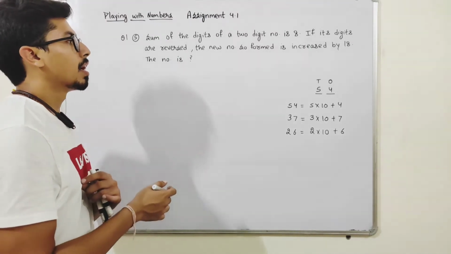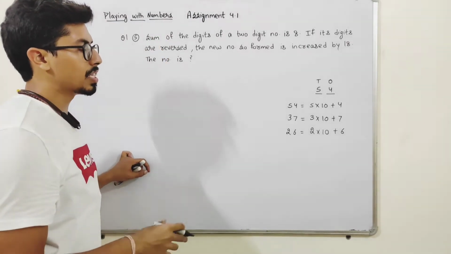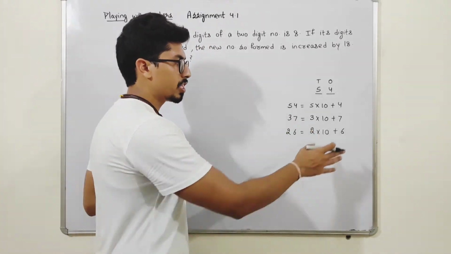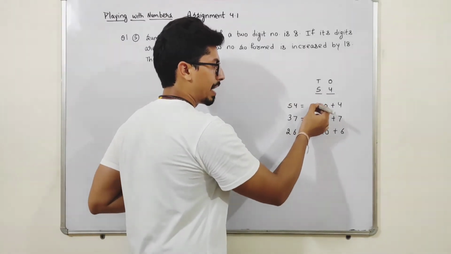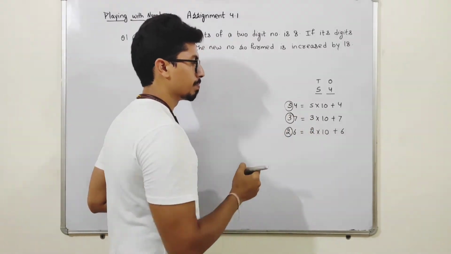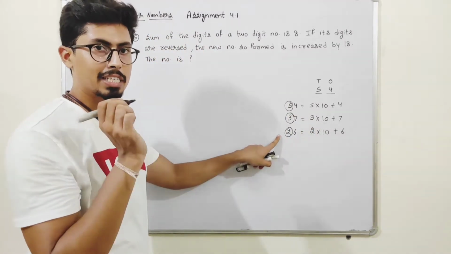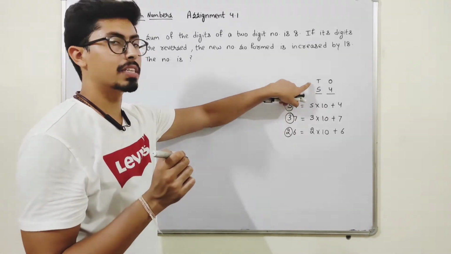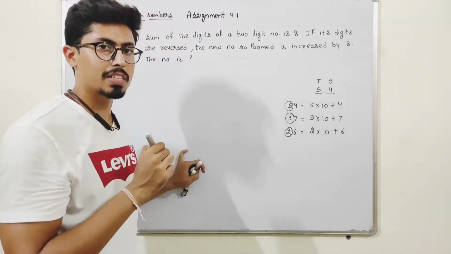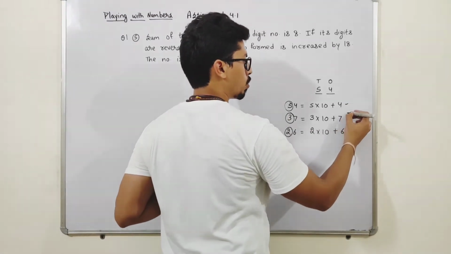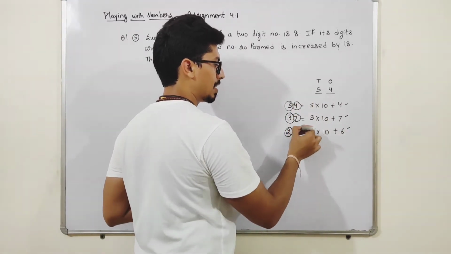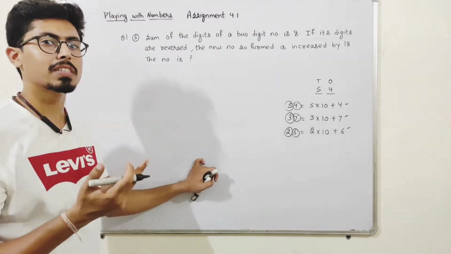Now, 5, 3 and 2 are all tens place digits. And 4, 7 and 6 are ones place digits.